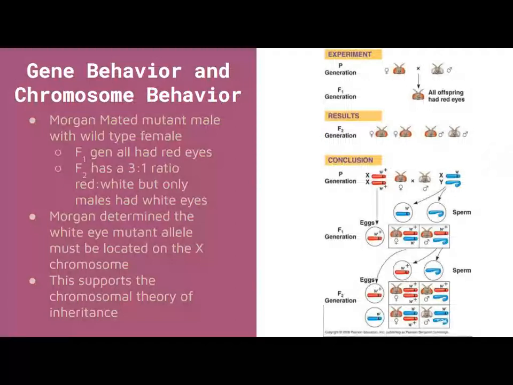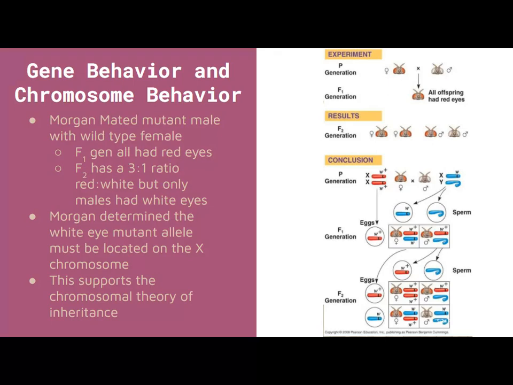So this was his experiment. Morgan crossed a mutant male with a wild type female. So a female with red eyes and a male with white eyes. And all of their offspring had red eyes.